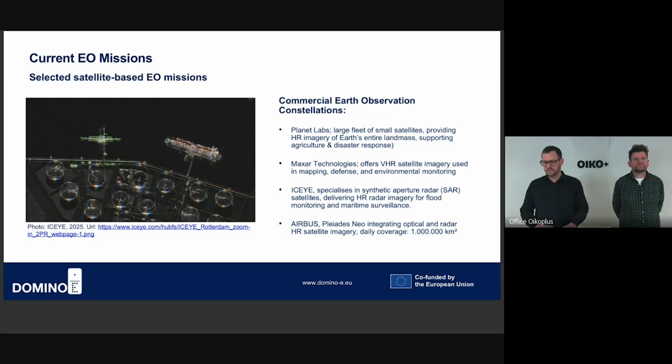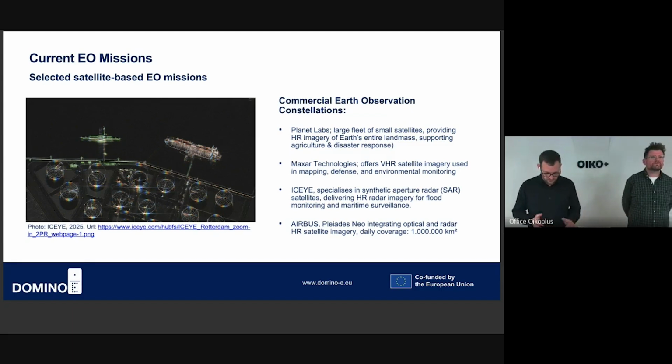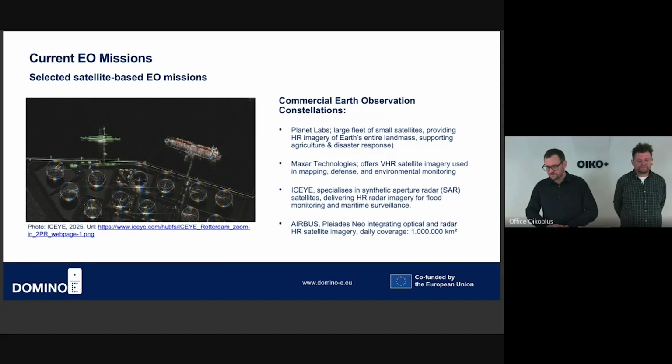And also here, what I can provide at this stage is only a very brief overview, just mentioning some of the existing constellations, starting from Planet Labs, that have reshaped Earth observation with a nano-satellite constellation capturing daily images of nearly the entire planet, and therefore also giving the opportunity, at least for some applications, to allow for some sort of real-time or near real-time decision-making.